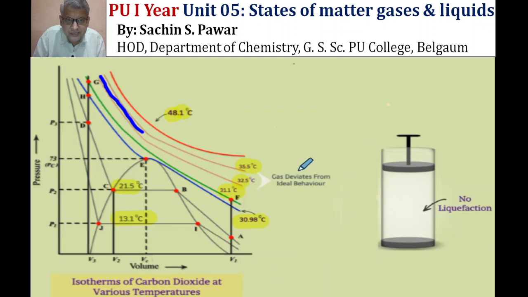That means it is deviating from ideal behavior. It is deviating from Boyle's law. So below 48.1 degrees Celsius, deviation from ideal behavior starts, but still there is no liquefaction.